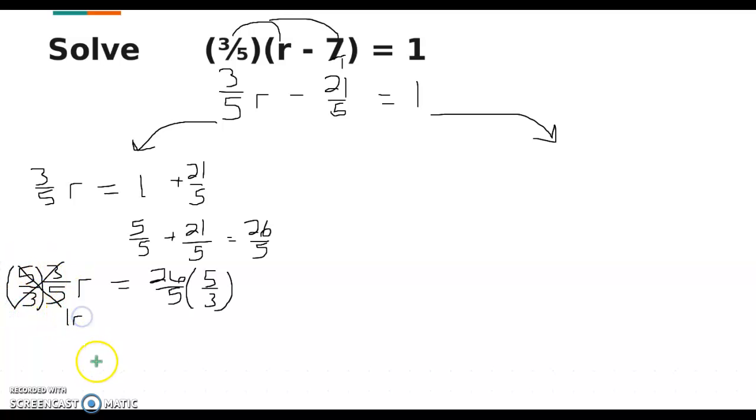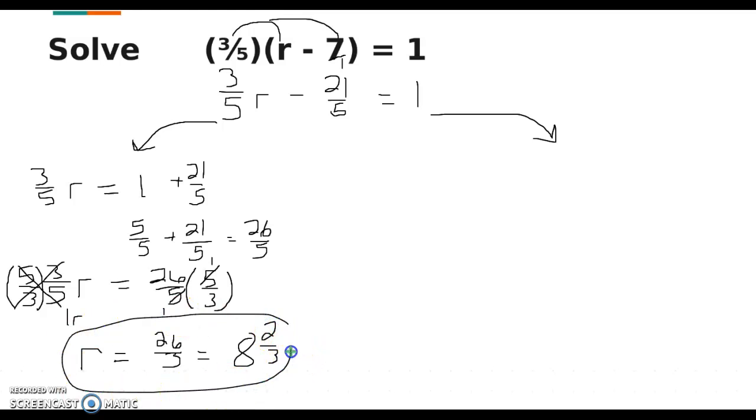So 1r, don't have to write 1. r is equal to, over here on the right side, yeah, we could multiply across, but I see a 5 in the numerator, I see a 5 in the denominator, cancels out, becomes 1, both of them. 26 over 3. 26 over 3 can be written as 8 2/3 because 3 goes into 26 8 times, 26 minus the 24 that we get, 2 left over, 2/3. So that's one way to get it.